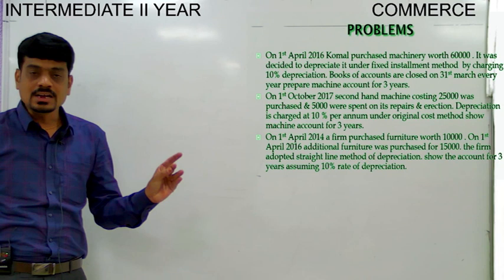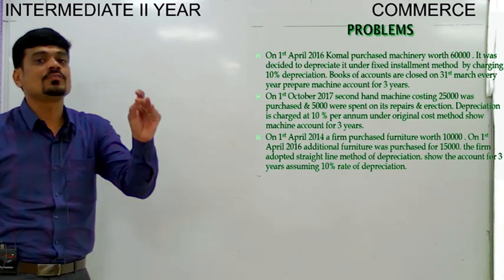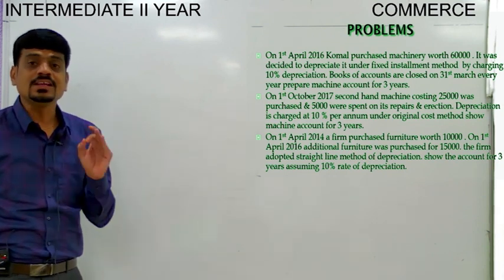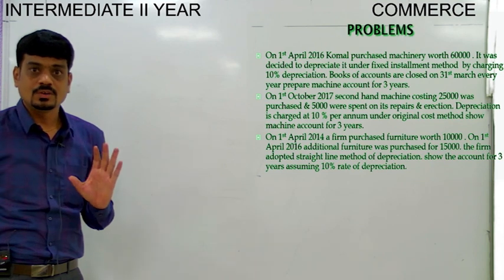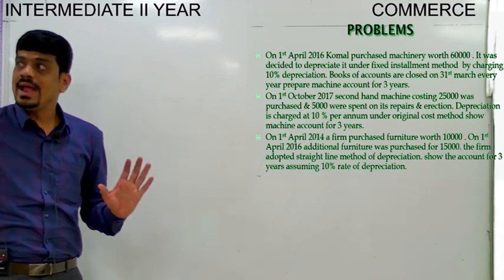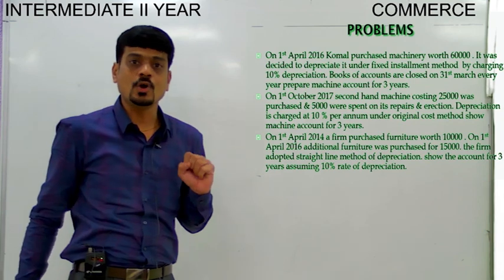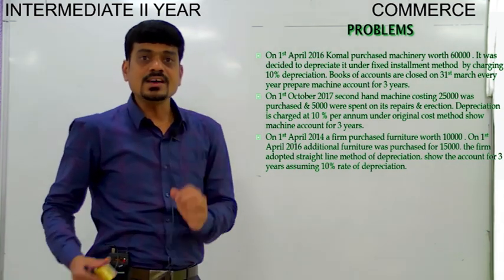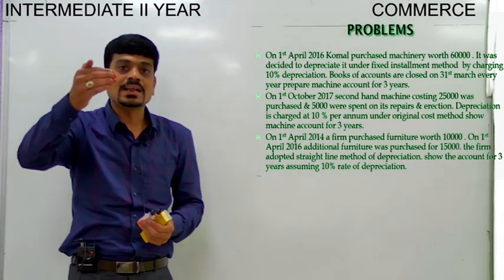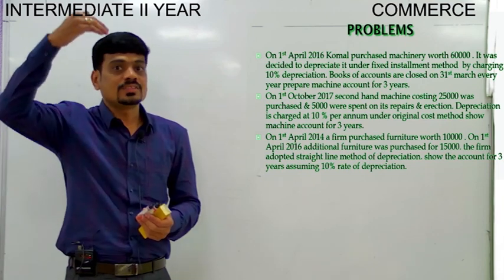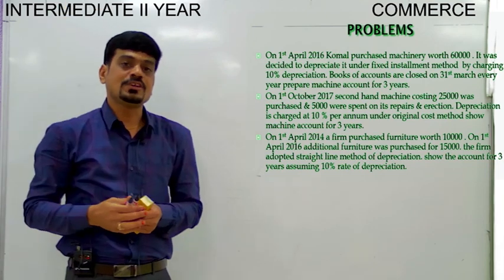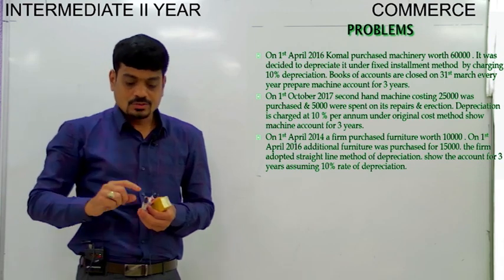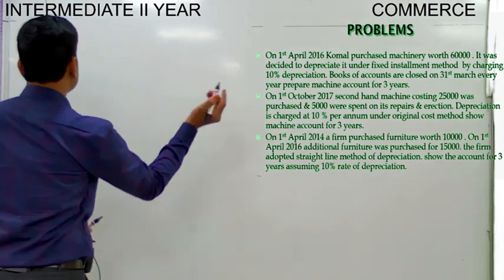But in the year 2016 we bought one more machine. That is addition of machine. Okay, that we are going to do. And again they told to prepare account for how many years? 3 years. 3 years doesn't mean that you have to calculate for new machine also. The 3 years it comes from the first machine only. Okay, so let us solve that third question now again.